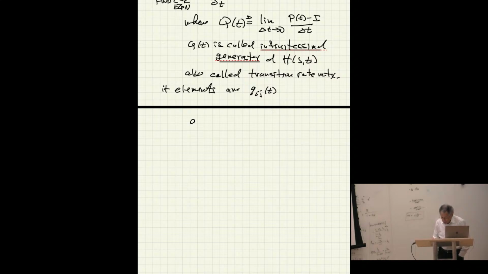And what does it look like? Q sub ij of t is defined to be the limit as delta t goes to 0 of the p ij over t and t plus delta t, all of that over delta t. And this is for i not equal to j, because there's a special notation for q sub ii.